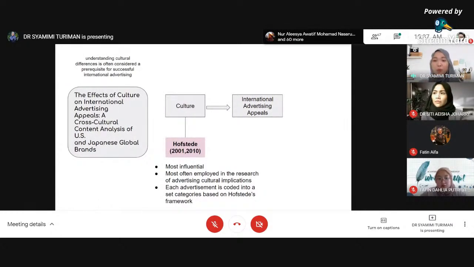So the framework will help you. That is the reason you have chosen this particular framework, because you are going to use the different dimensions to help you with coding your data, coding and categorizing your data into themes. So just giving you some idea.